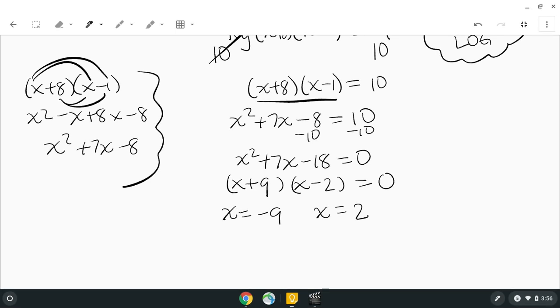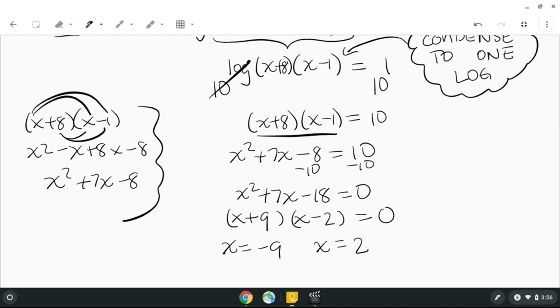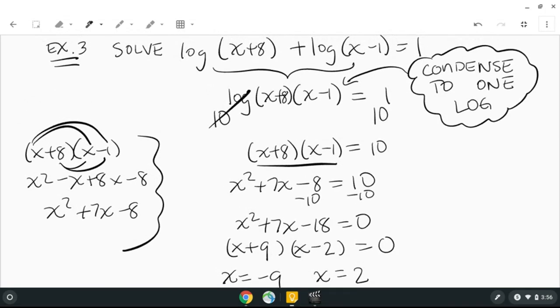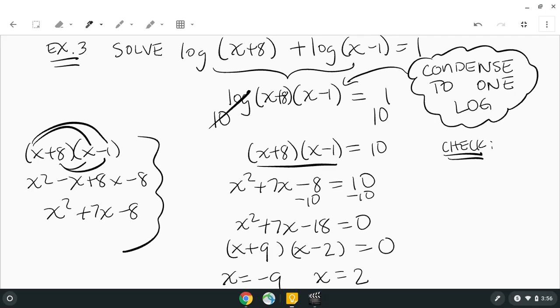Okay, so again, we have to check. I'm going to go over here to check. All right, so negative 9. Now, these are kind of easy, so let's not even work it out by hand.